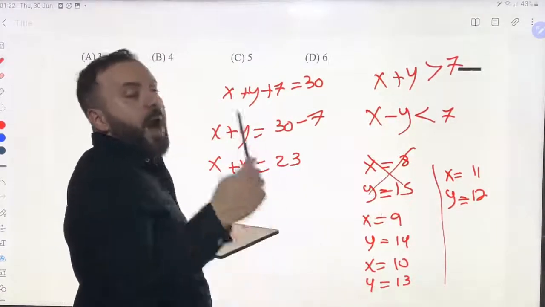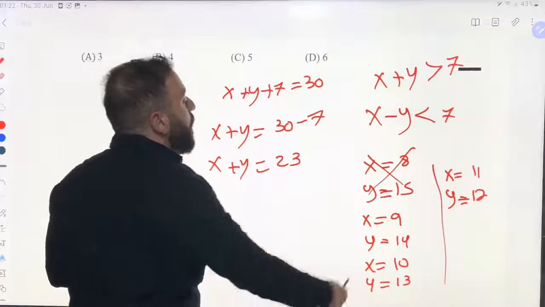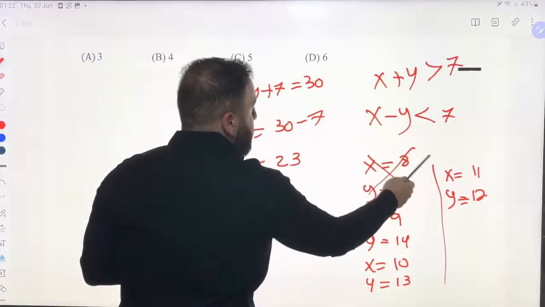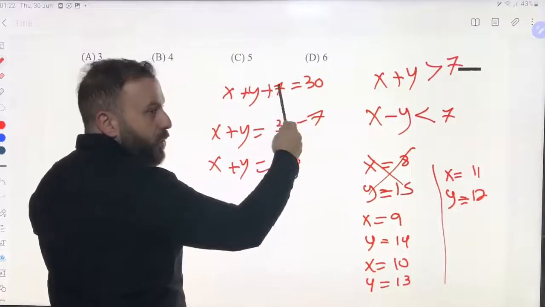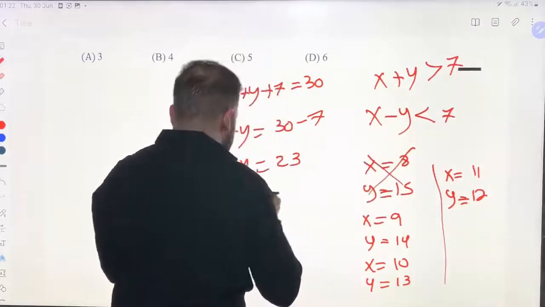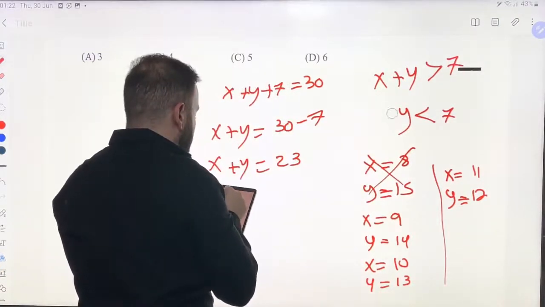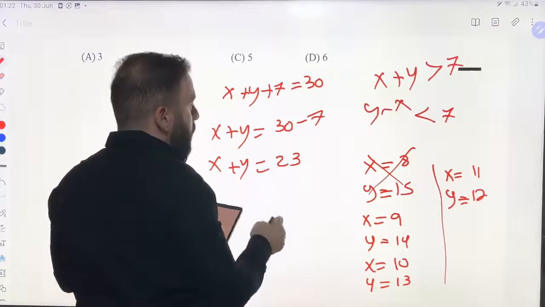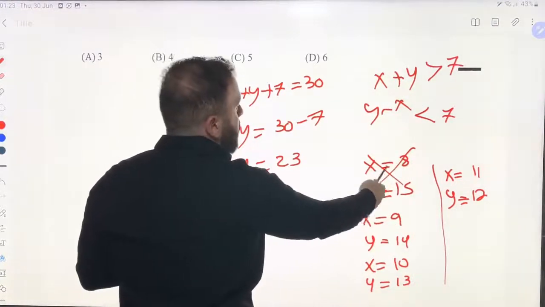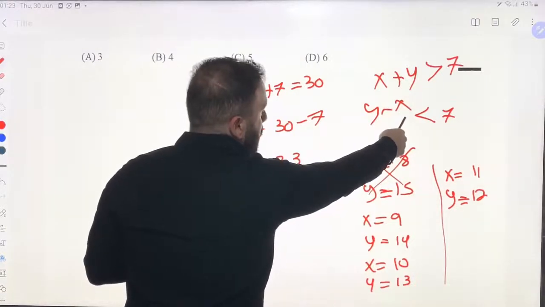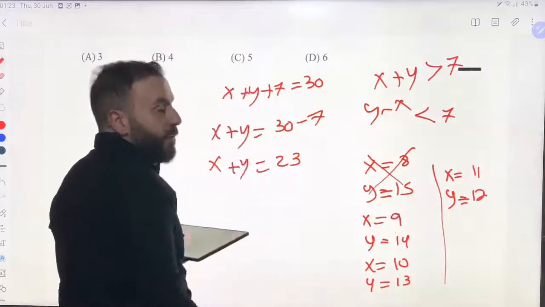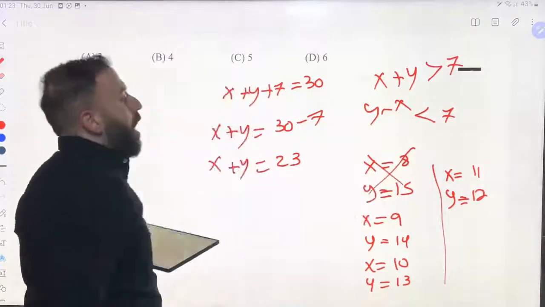My point, why I refuse the choice, sorry I didn't mention that: if I do the subtraction, y minus x, no problem, because I chose y the higher side, 15 minus 8 is 7, but 7 is not less than 7. That's why I refuse the choice.